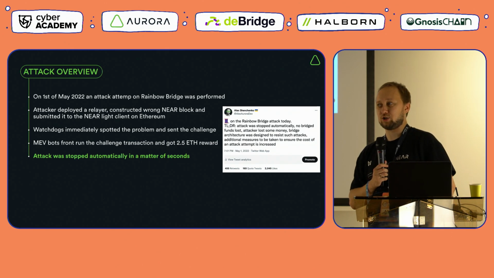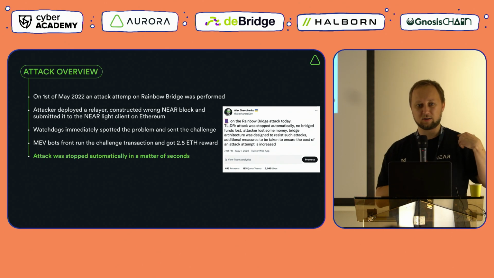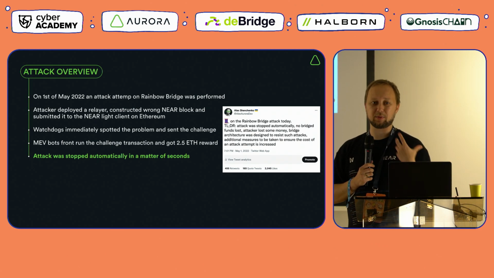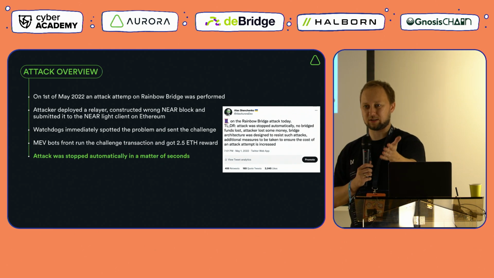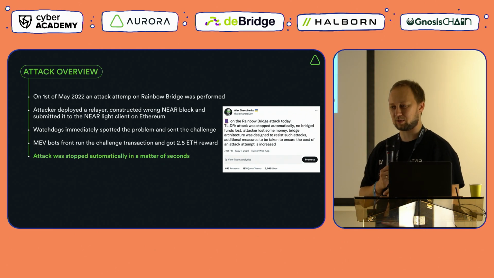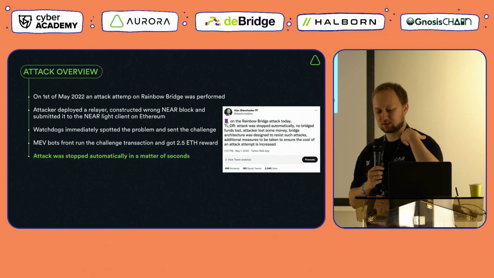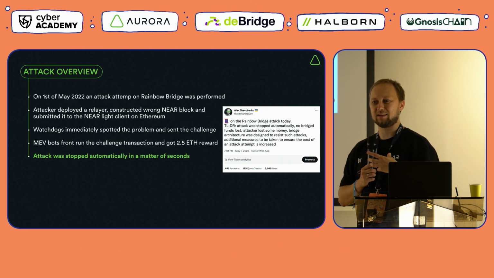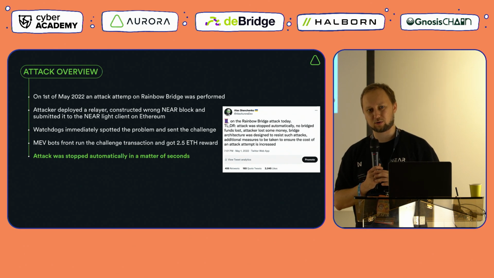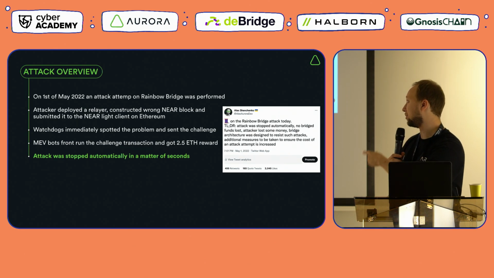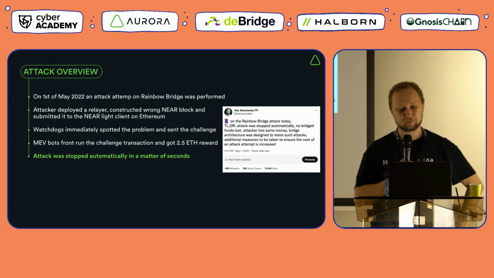So he just, in a single transaction, he did 2 actions, one after another. He applied to be a relayer, staked 5 ETH, and sent the fabricated block, sorry, not to RPC, to our Near Light Client.